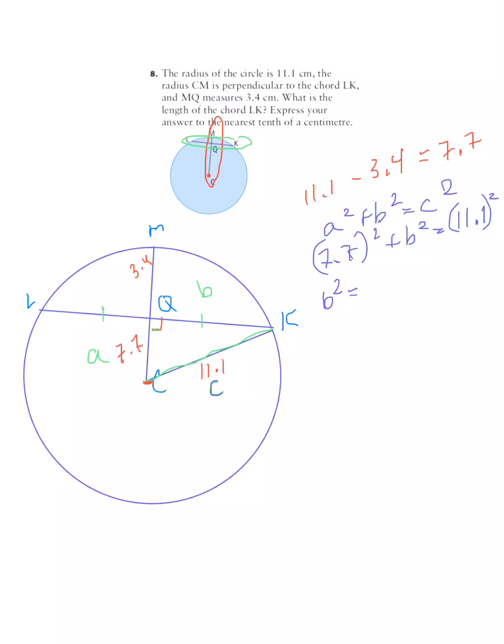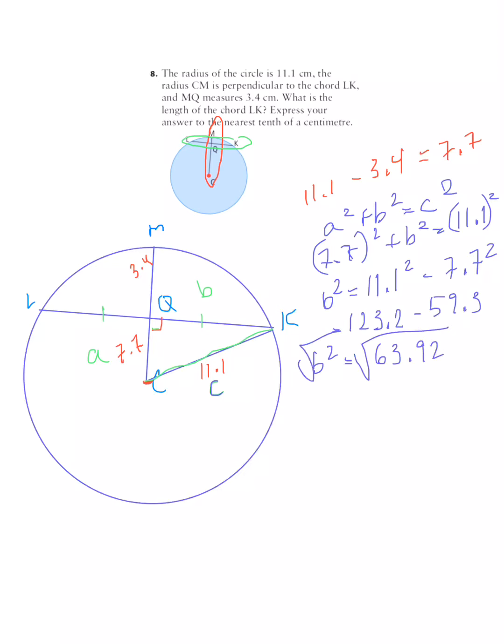So B squared is 11.1 squared minus 7.7 squared. So that equals 123.2 minus 59.3. And then I get B squared equals 63.92. Square root both sides, and B is equal to 7.99, so we'll say approximately 8 centimeters.